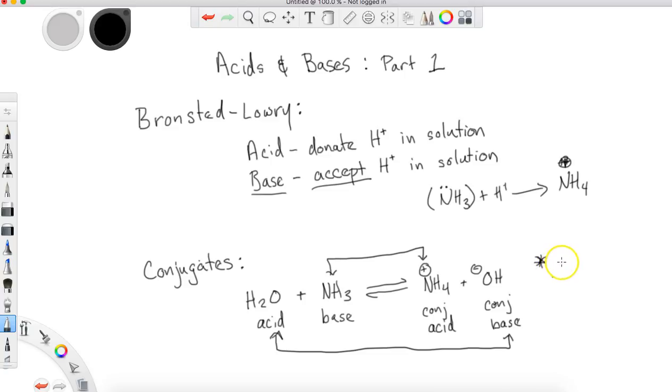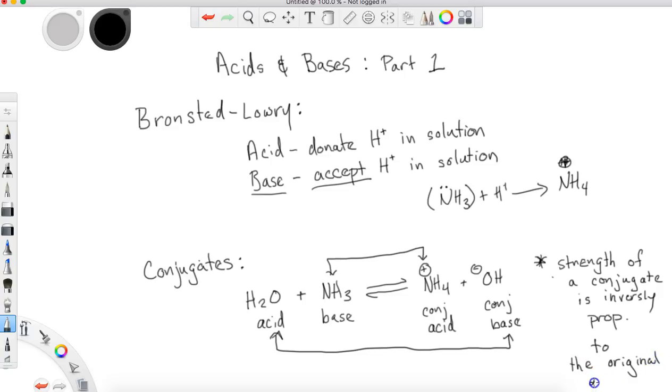And that is that the strength of a conjugate is inversely proportional to the original acid or base.